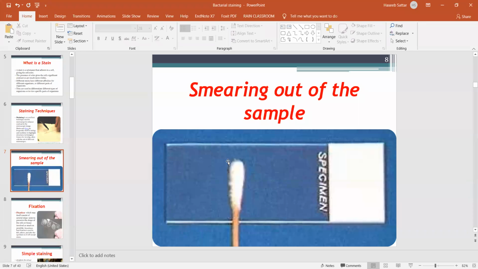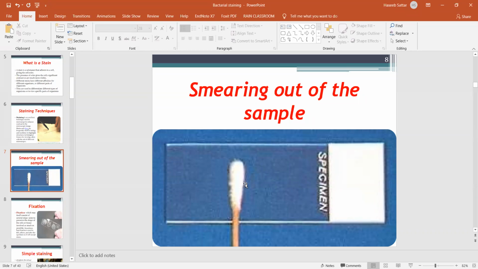We can use a cotton bud, and we can dip this cotton bud in a patient sample. For example, the patient sample may be a pus sample, a blood sample, or any sample from the skin. We take a sample and then swab it on the slide with the cotton bud.